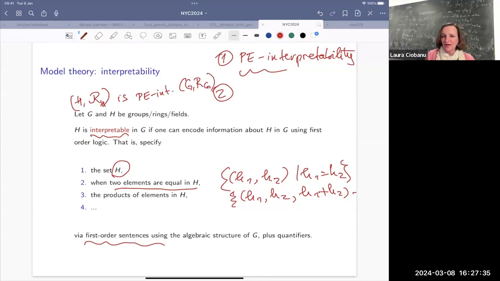So for example, length: if we want to talk about the length of two elements being the same in H, if we have that power, we want to translate that or be able to express it in terms of G with some other relation. So we're modifying a bit the very standard interpretability, but everything that you know should hold and holds.